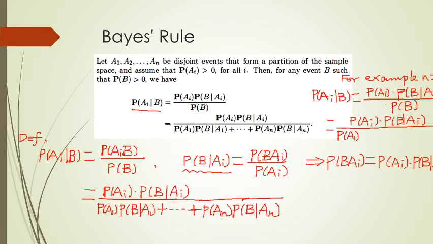It follows the total probability theory. So for the denominator, the probability of event B will be PA1 times the probability of B given A1, plus PA2 times the probability of B given A2, plus the probability of A3 times the conditional probability of event B given A3.